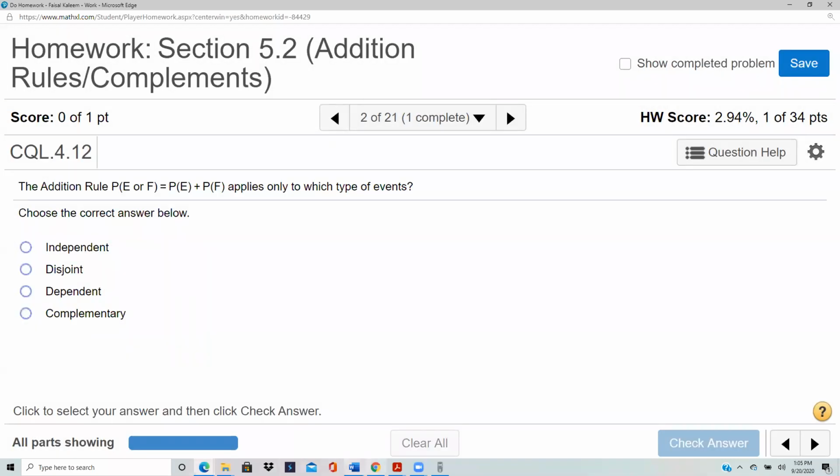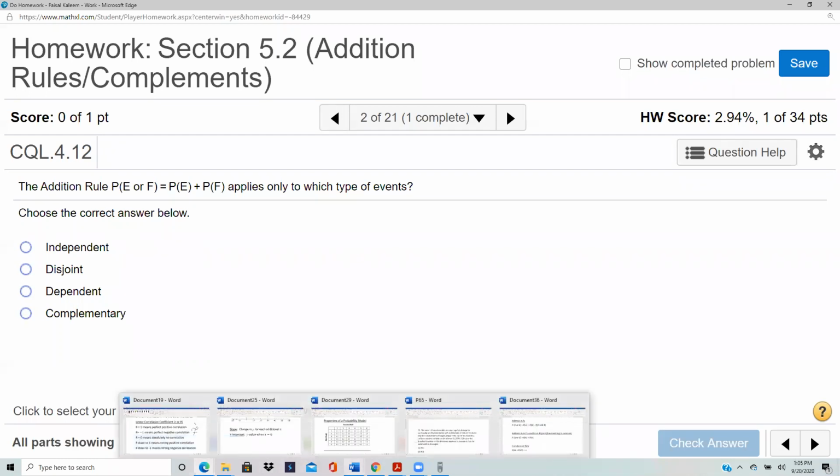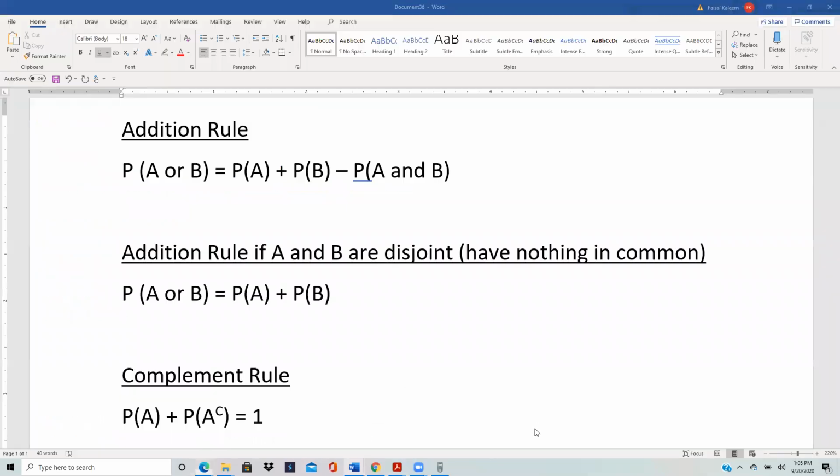Okay, let's talk about the couple of rules that we deal with in this section. So, addition rule. The addition rule is used whenever you're talking about the probability of one event or another event. So "or" should call for the addition rule.